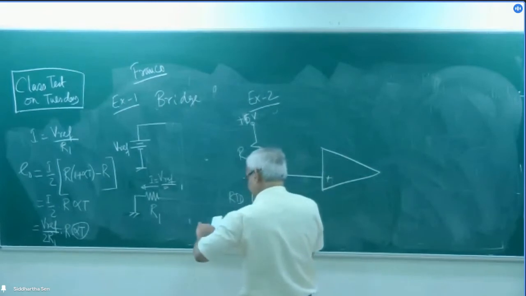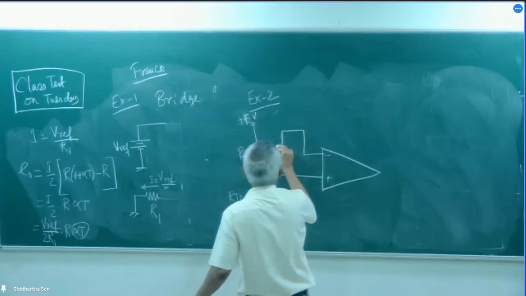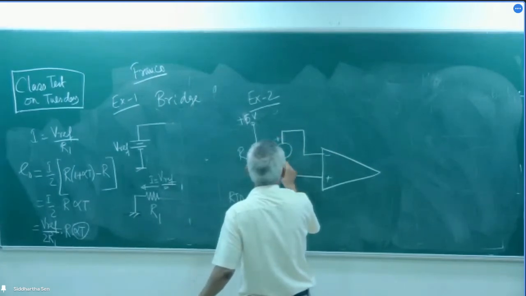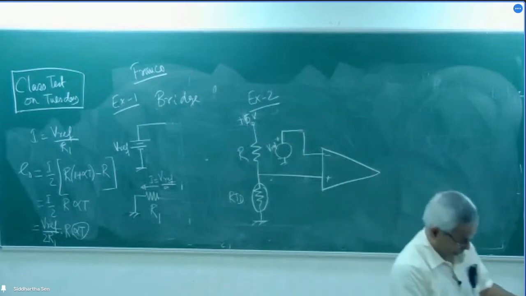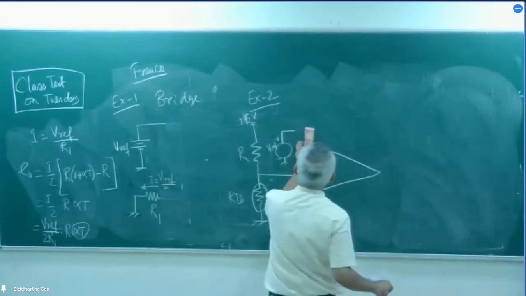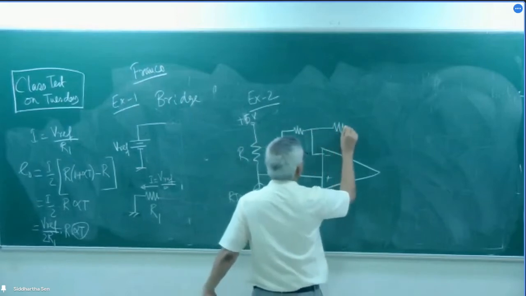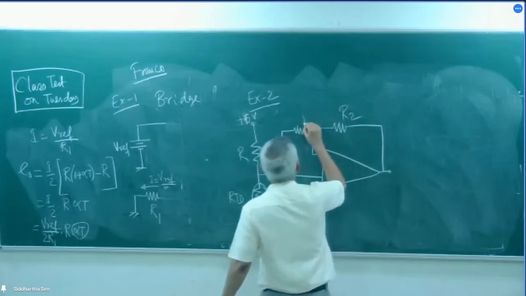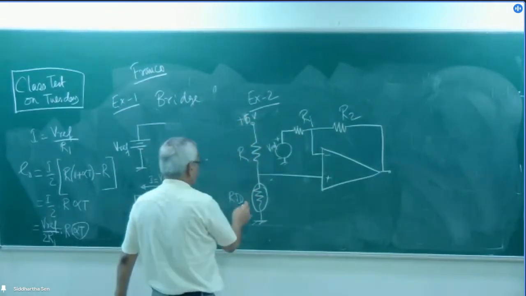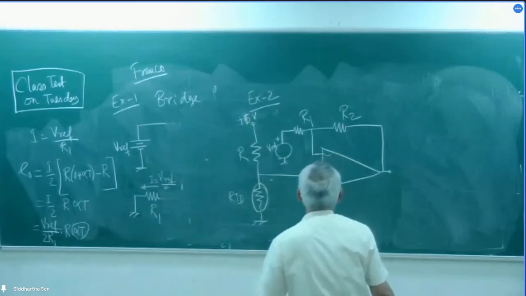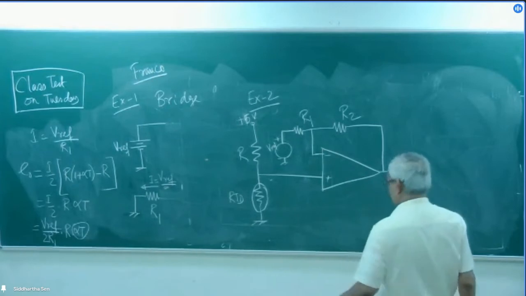This is also another design example. Simply a potential divider, a 5 volt source and an RTD, and it is amplified by a resistance ratio R2 by R1, but a reference voltage is given for a particular purpose.